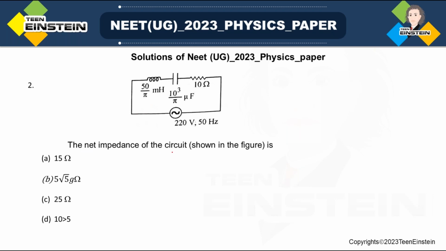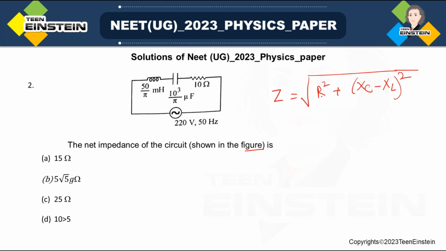Now this question: the net impedance of the circuit shown in the figure. See, impedance, this is a very easy question, and what you need to do is just remember the formula of impedance. Impedance is given by Z is equal to the square root of R squared plus (capacitive reactance minus inductive reactance) whole squared.